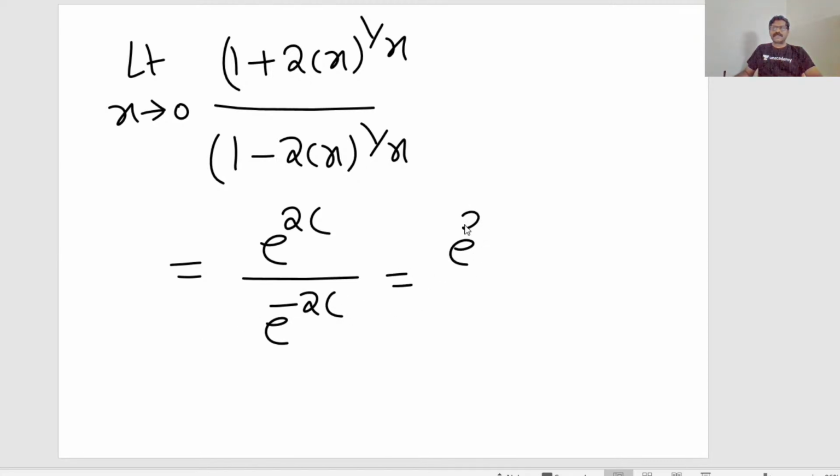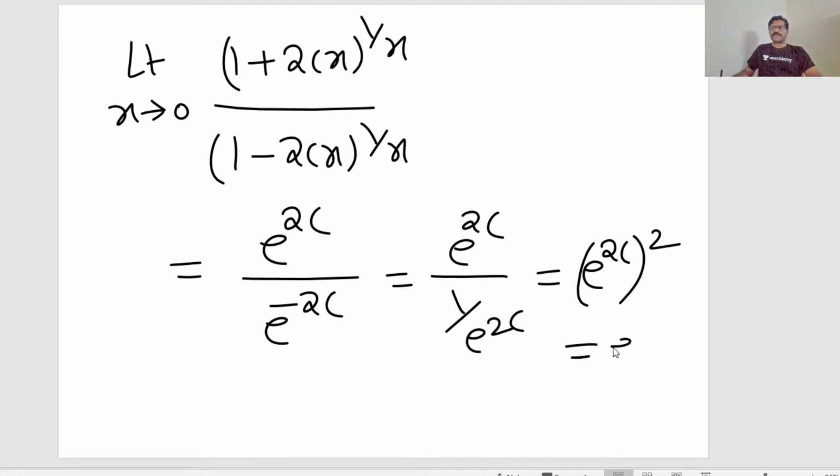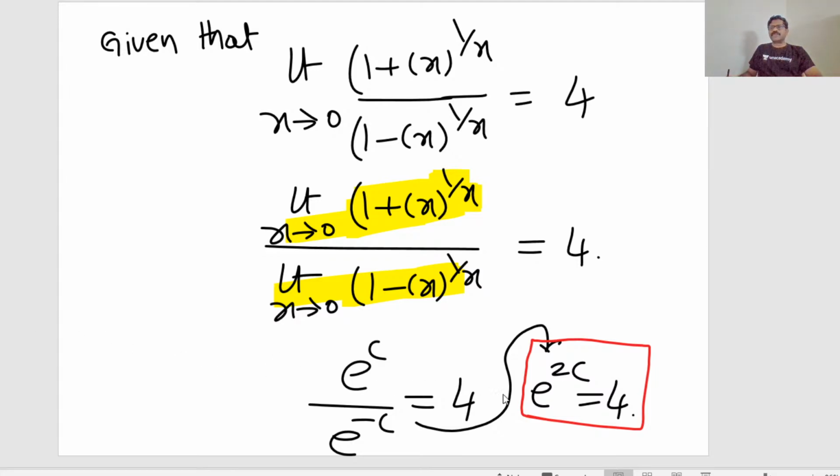It is nothing but e power 2c by 1 by e power 2c. That is (e power 2c) whole square, e power 4c. From the given statement, you got e power 2c value 4.